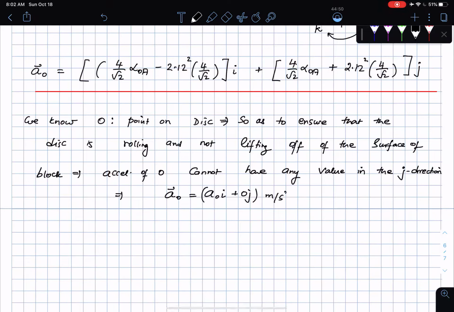Okay, so this has to be a criterion that has to be met depending on how the disk is rolling, right? And which means that I can take this and substitute it up here very quickly.